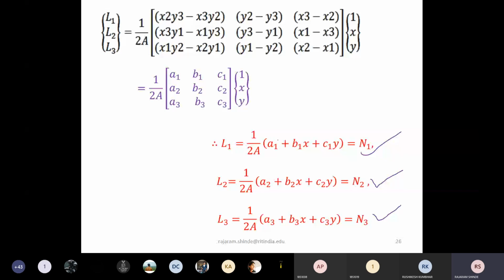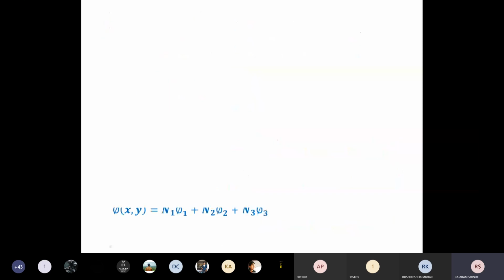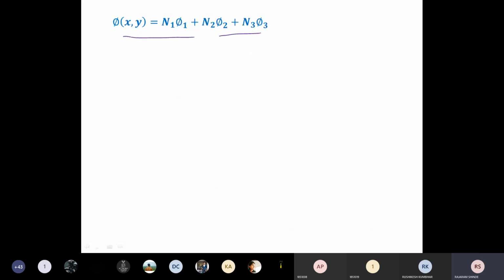Now in the interpolation polynomial in the form of the global coordinate system, what we have done is taken phi(x, y) is equal to N1 phi 1 plus N2 phi 2 plus N3 phi 3.